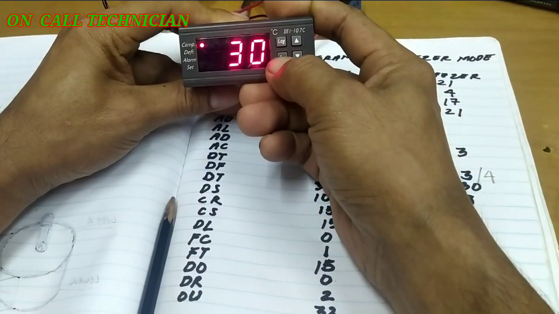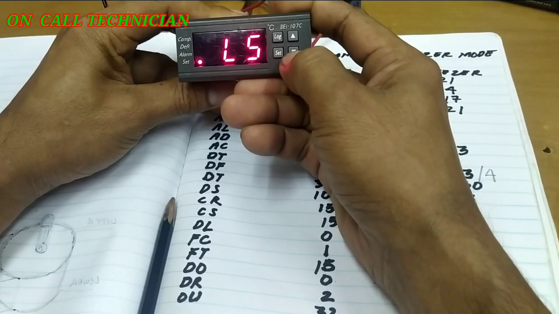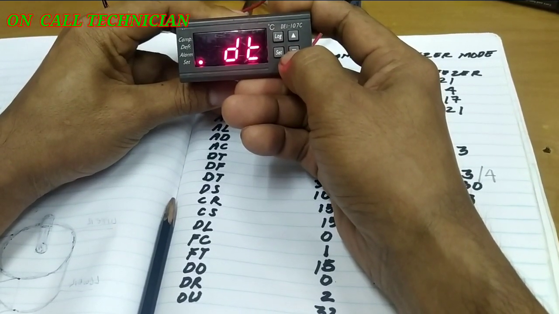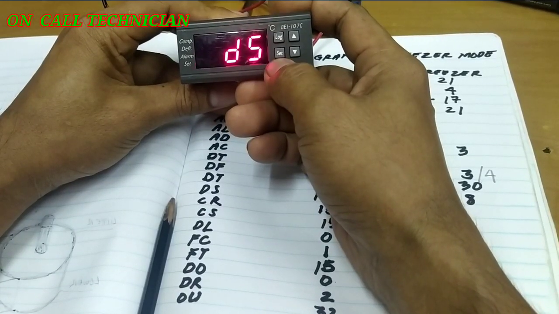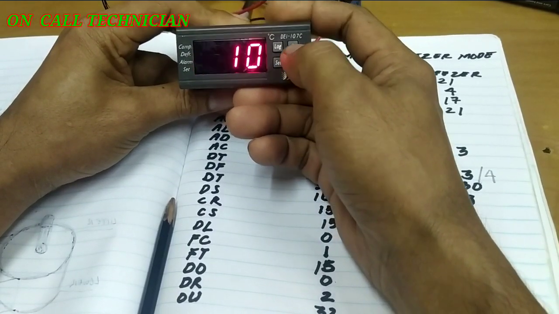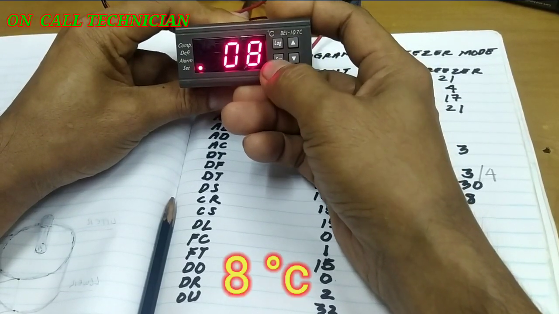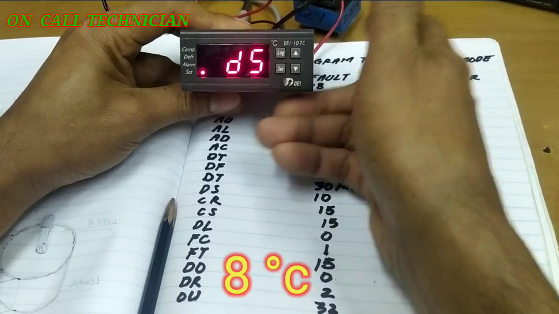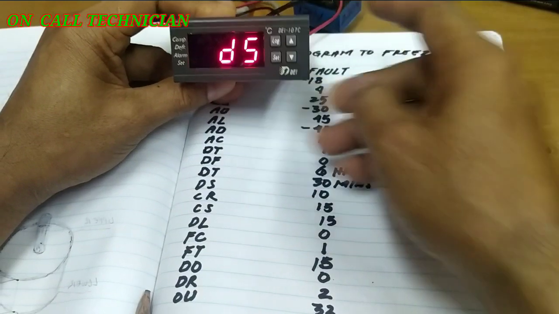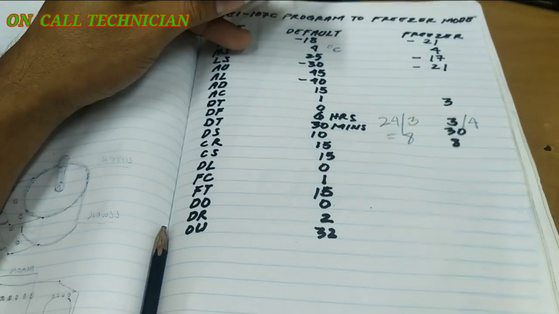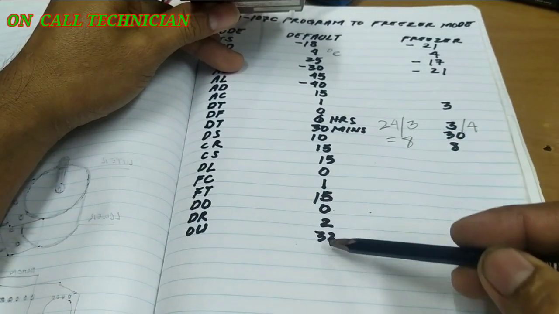So to do that, enter again, and okay, the defrost termination set, and change it to 8. Okay, set. So I think that's all for now. I don't suggest to change all this one.